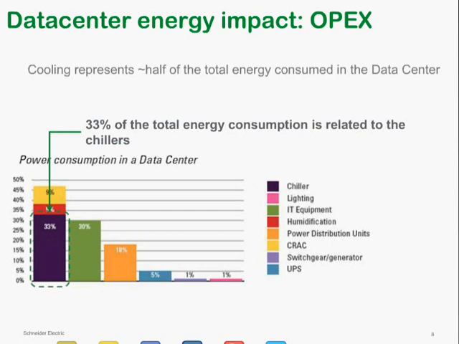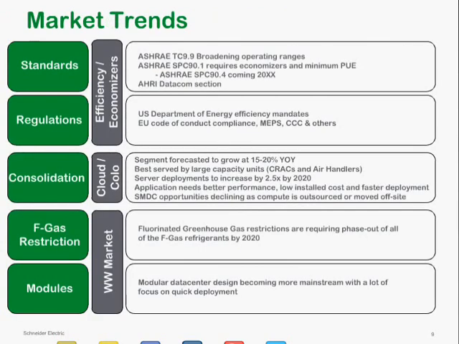So when we look at market trends, I'll try and break it down into these three trends that I mentioned at the top of the agenda. The first is we're seeing this massive movement and migration to using economizers. I'm going to talk a lot about economizers and really what that means, but the biggest effect of using economization is driving higher efficiency, lowering your power use, and also lowering your energy bill.